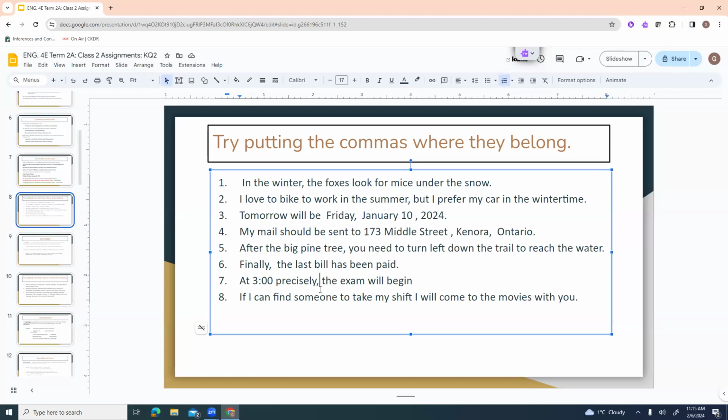Number 8, if I can find somebody to take my shift, I will come to the movies with you. Okay, so what's going on with that? This is a complex sentence, right? If I can find someone to take my shift, that is a sentence that cannot stand on its own. It's what we call a subordinating clause.